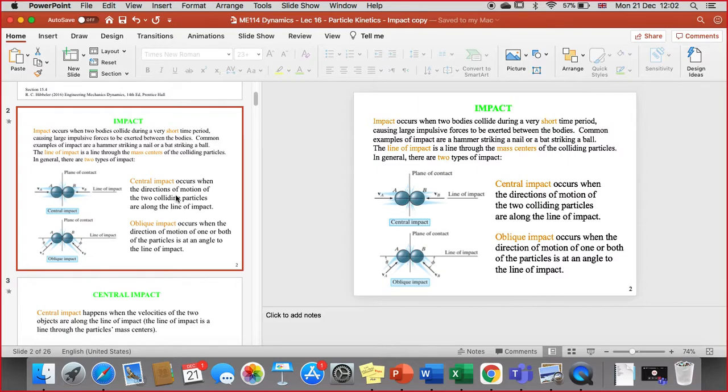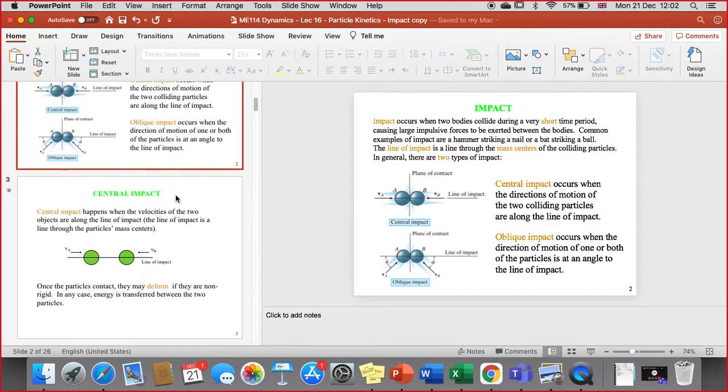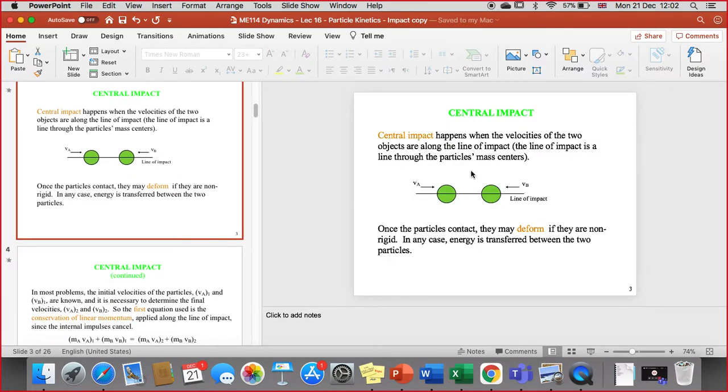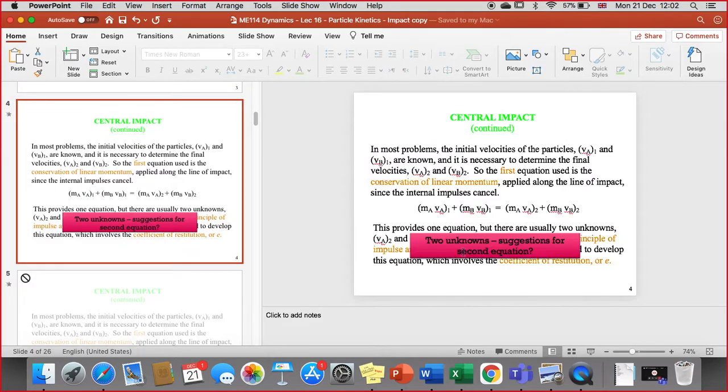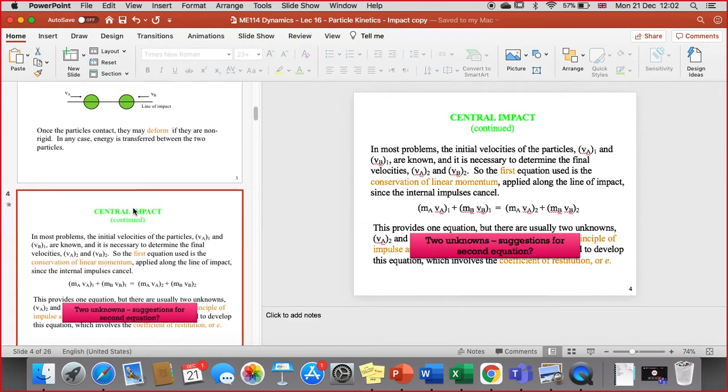So with that, we were armed with one piece of information that we could use to solve it. Most of the time when we are solving an impact problem, we have two unknowns, which are the final velocities of both our particles A and B, if we had two particles colliding.